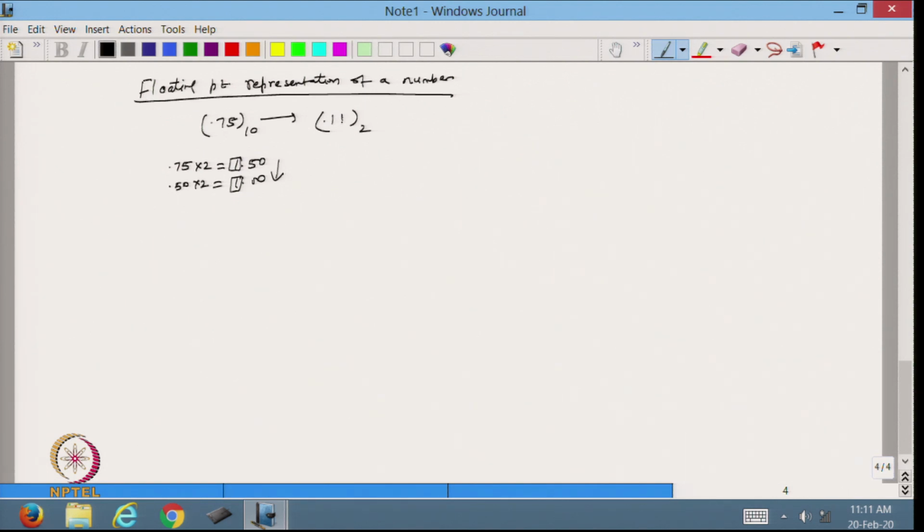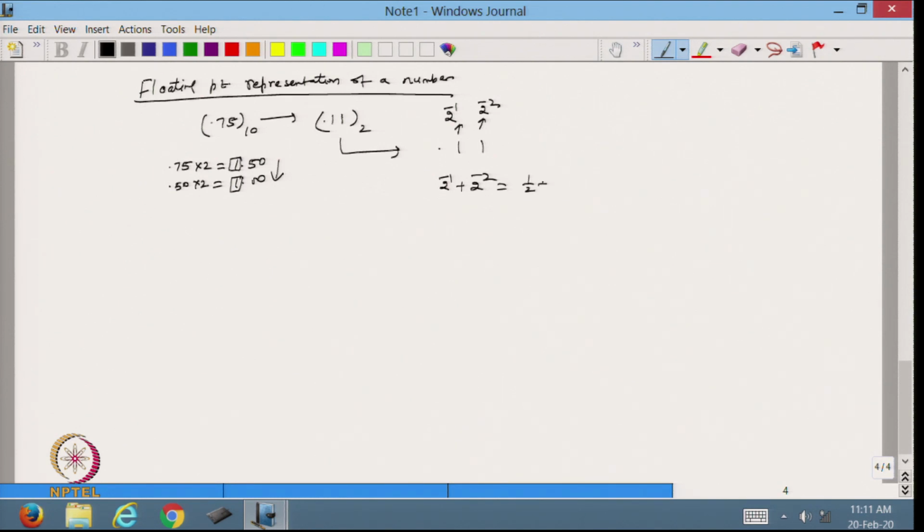So it means 0.11 is the binary form for the decimal 0.75, and how can I verify it? I can convert it back. It is 0.11, so the first digit goes with 2 raised to power minus 1, and the second with 2 raised to power minus 2. So it gives 2 raised to power minus 1 plus 2 raised to power minus 2.